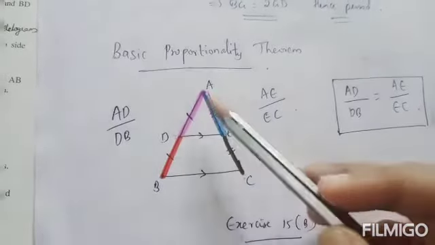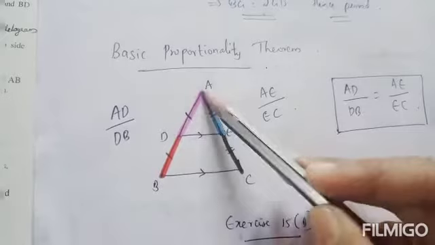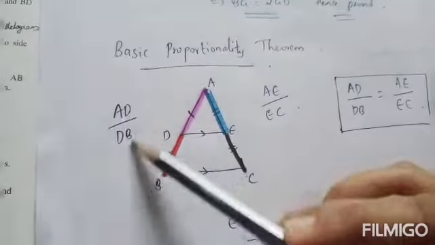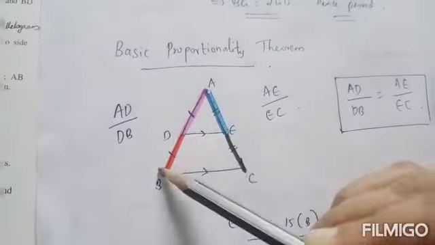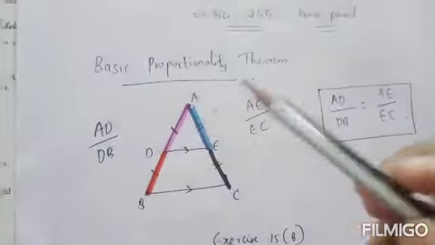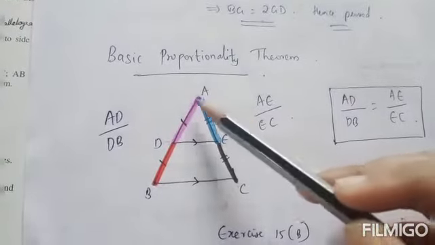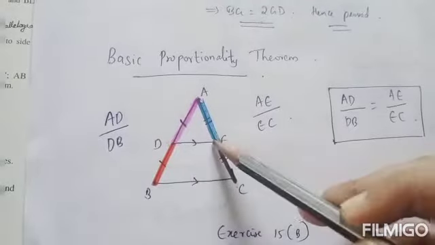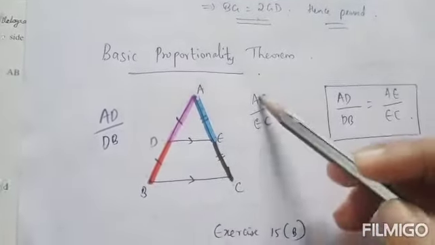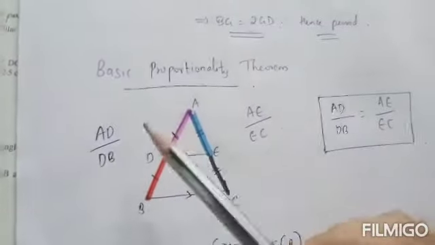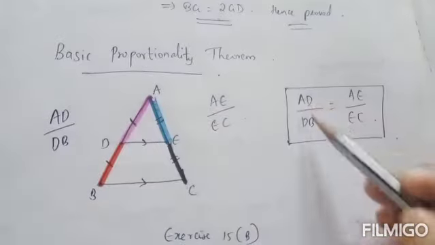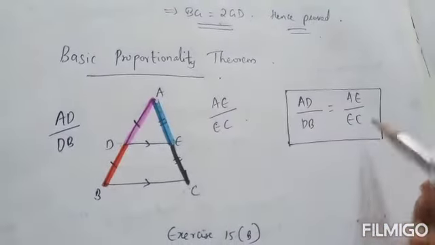DE divides the line AB into two parts, AD and DB, so we take the ratio AD by BD. DE also divides AC into two parts, AE and EC, so we take AE by EC. According to the basic proportionality theorem, these two ratios are equal: AD by BD equals AE by EC.